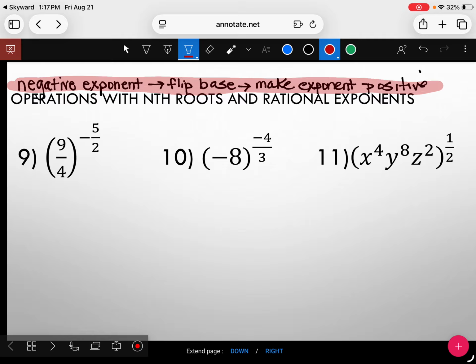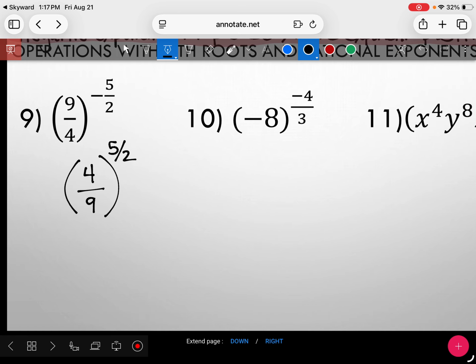All right, so let's go ahead and look at number 9. So I'm going to take that 9/4, flip it, and it's going to become 4/9. And then the negative 5/2 becomes a positive 5/2. So let's keep in mind that what this is saying is take the square root of 4/9 and then take that answer to the power of 5.